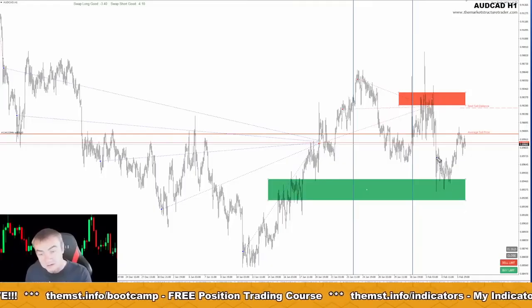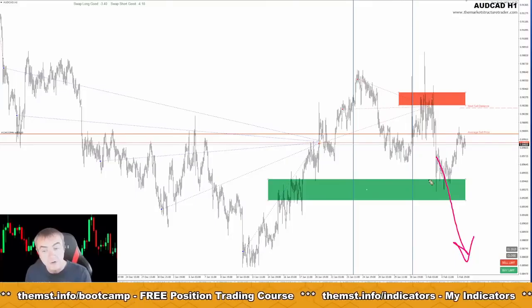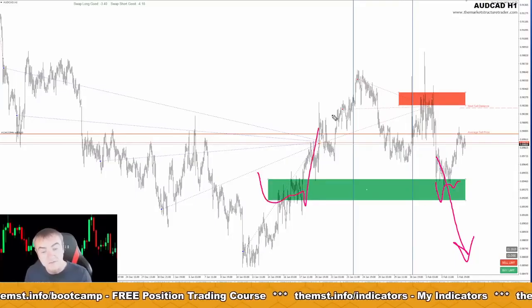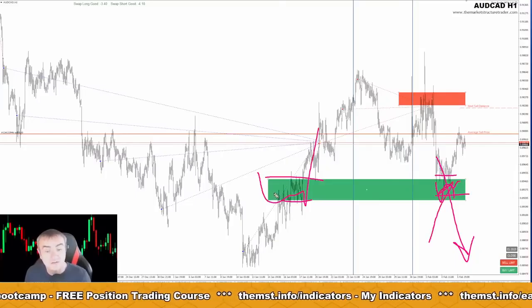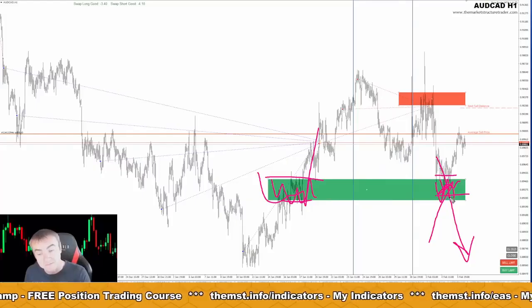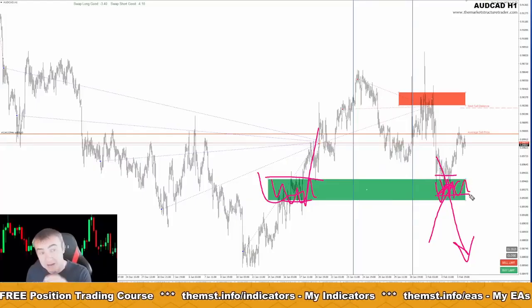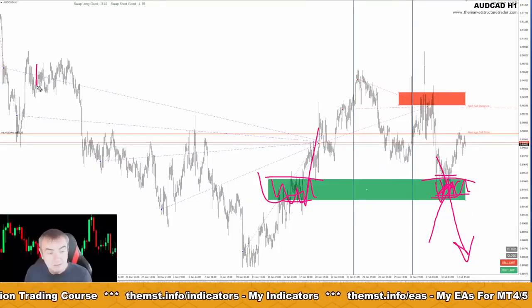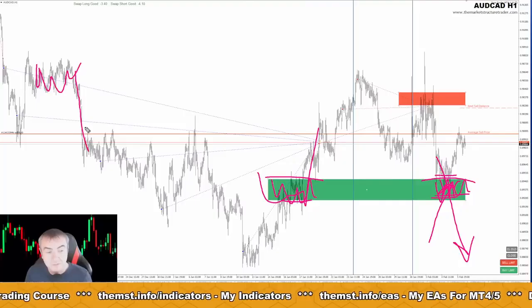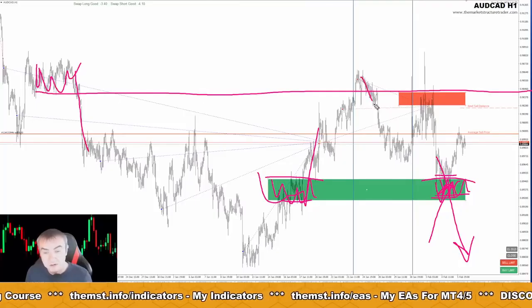And they are either not going to support that level, or they are, because they did last time. This is the area of balance where we know there's a load of business to conduct. If they were happy there last time, if the fundamentals haven't changed when they get back here, they will be happy again. Yeah, they were happy here, and then they did a price discovery. Oh, look.